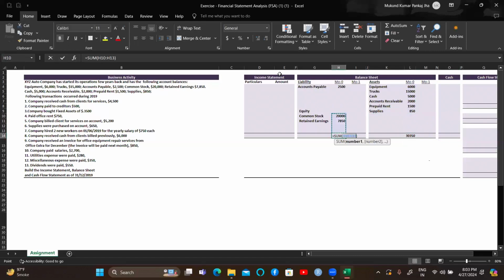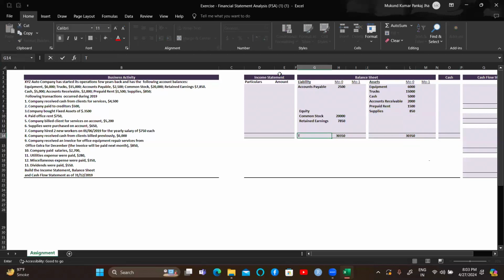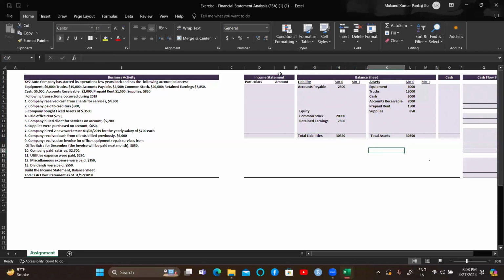Let's sum this up as well. 3,350, and my historical balance sheet is getting matched. My total assets is equal to my total liabilities.